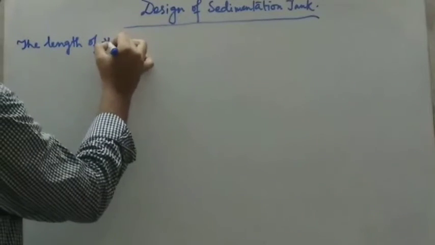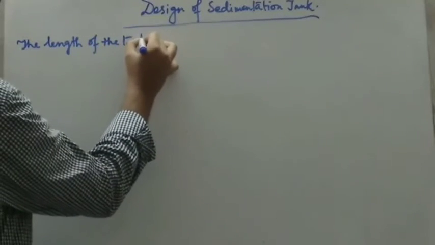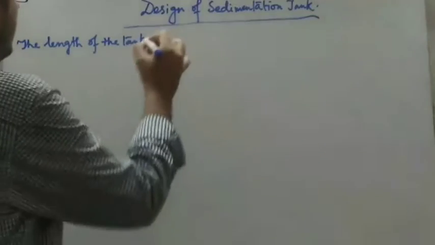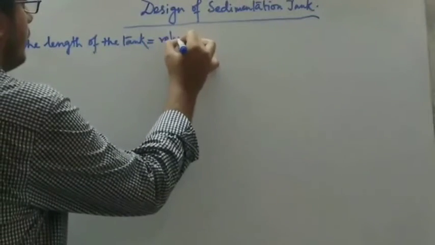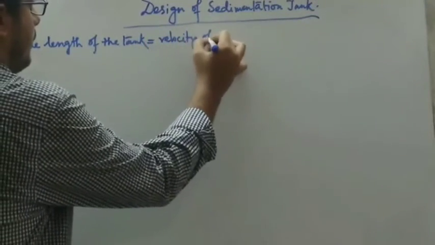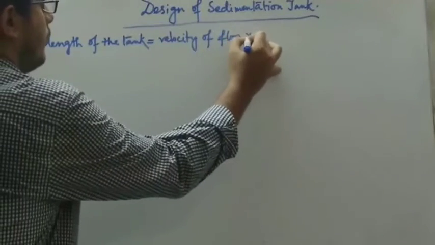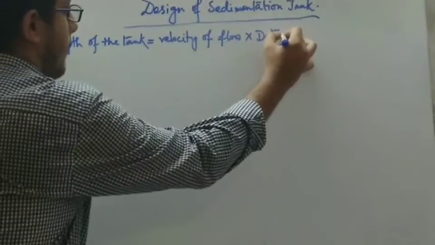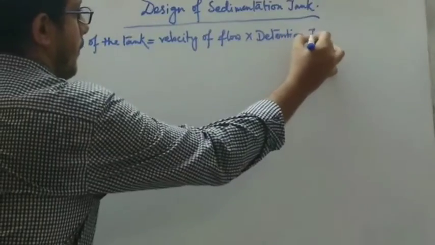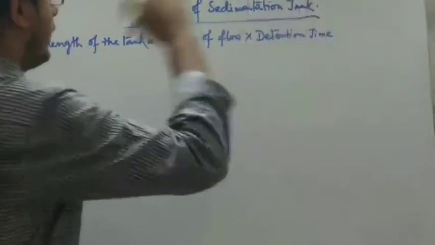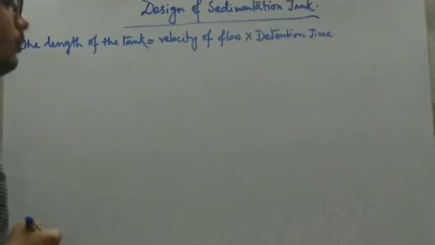So the length of the tank equals velocity of flow into detention time. So what is the velocity of flow? Velocity of flow is 0.2 meter per minute and the detention time is 6 hours.